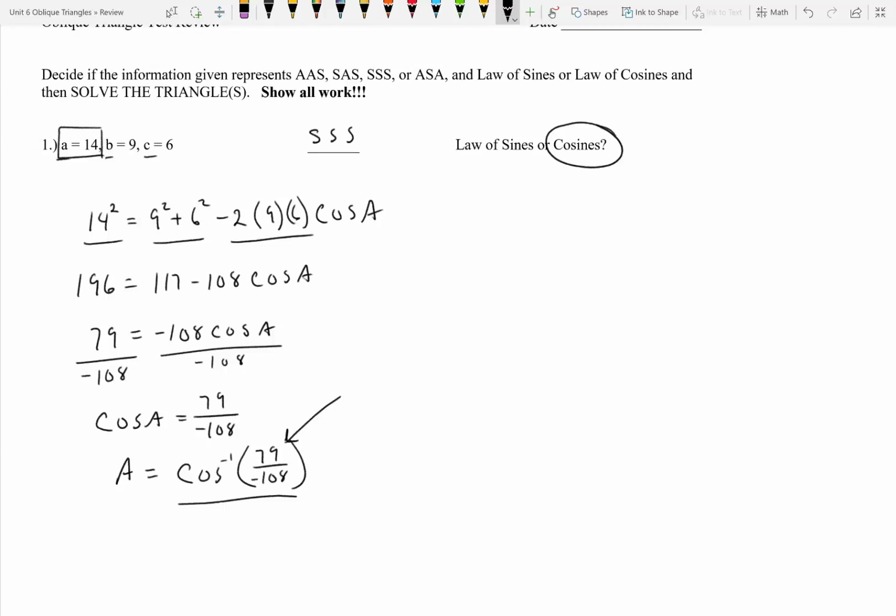If you round at this point before you take the cosine inverse, on the quiz some of the answers were off by as much as 3 or 4 degrees in looking for that angle, and that is not an acceptable rounding error. Remember, we only round once, and it's the very end. So we're going to put this in our calculator just as it's written on the page here. Cosine inverse of 79 over negative 108.